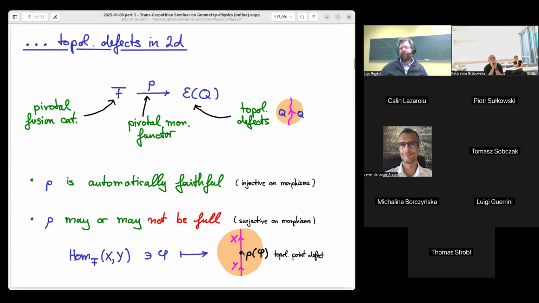The question is, is the space of all topological operators which can sit at that point precisely given by the Hom space, or does it map into it, or do several maps here get mapped to the same thing here? And I'm saying if I'm in this case, where this is a fusion category, then faithfulness is guaranteed by just abstract nonsense. So it's always injective, but it may or may not hit everything here.